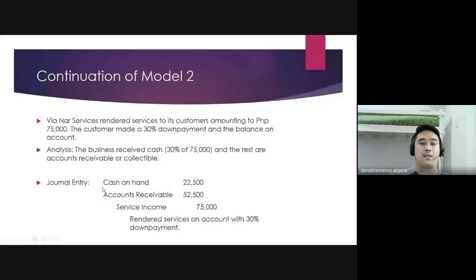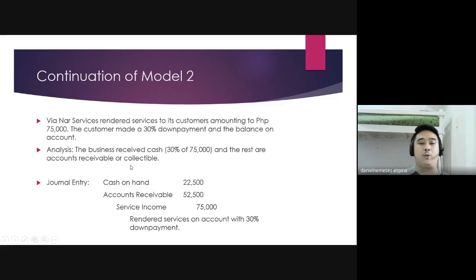If they are both debits, they are aligned. And then we credit service income for 75,000. If you add the debits, it will still result in 75,000. So we always follow the rule that the total of all debits will equal the credits.